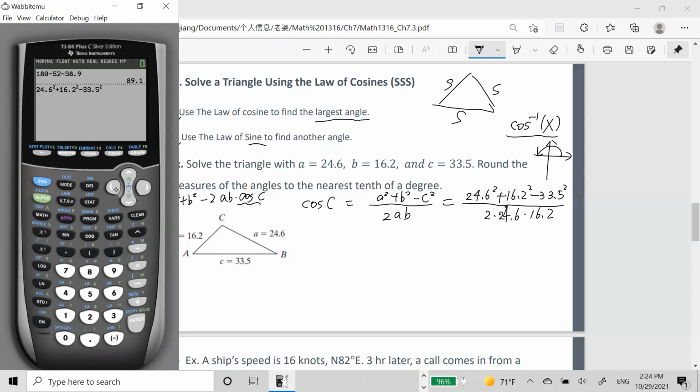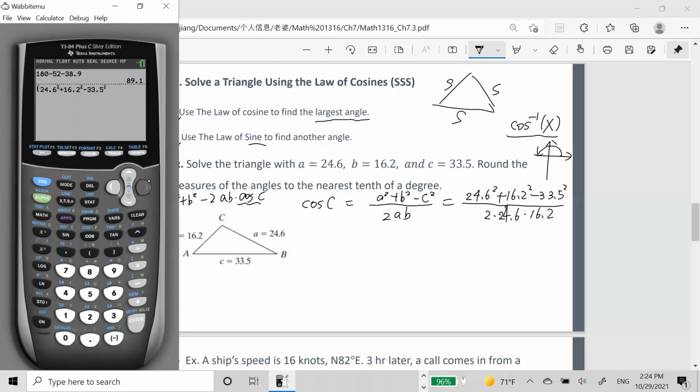Oh, I forgot the parentheses because these are the numerators. Second, delete, insert the parentheses.